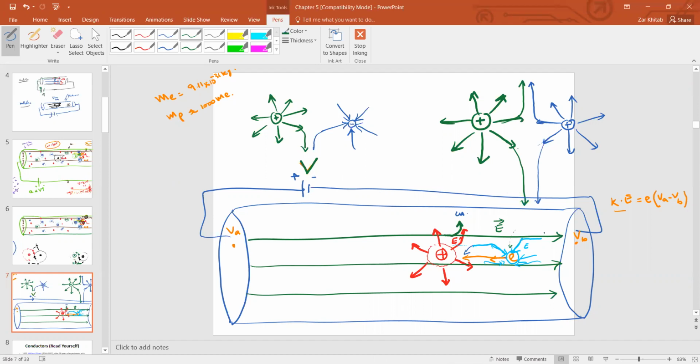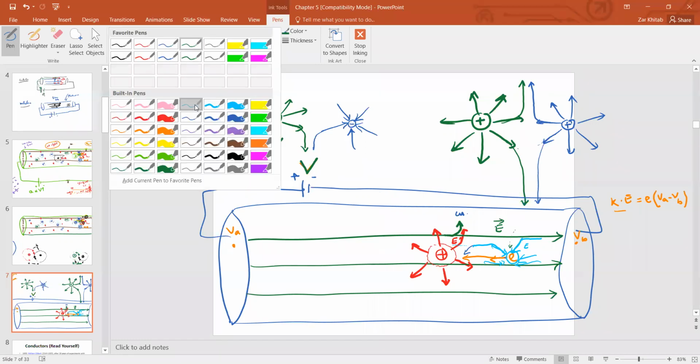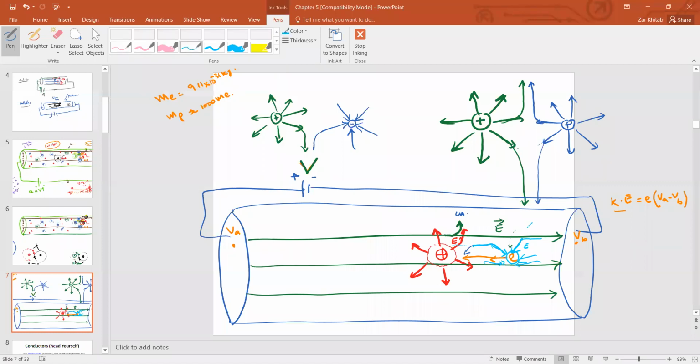Because of their interaction, the electron's electric field may like to come down like this, but because there's a green electric field because of the battery, and the two cannot cross each other, it effectively changes its direction.